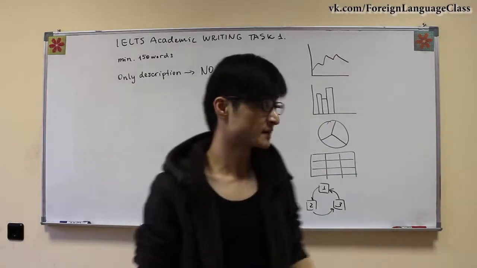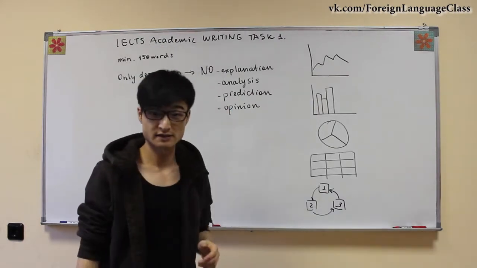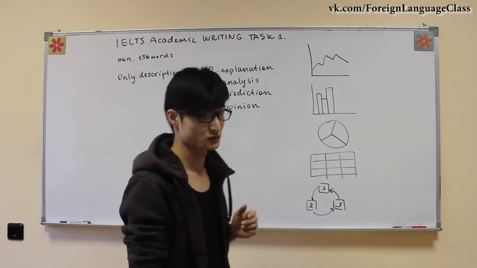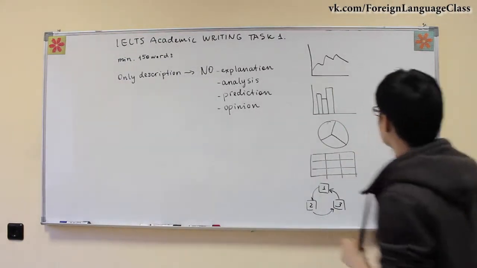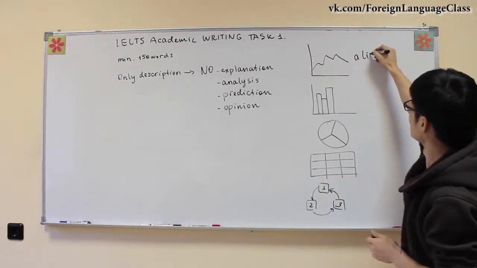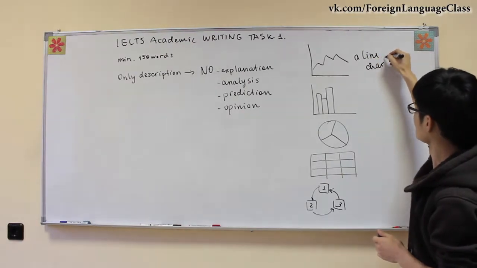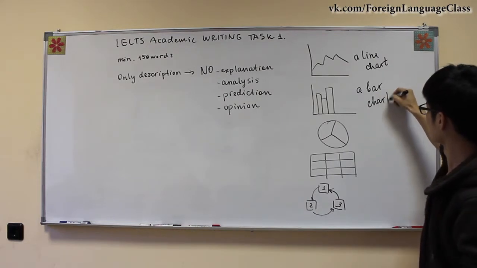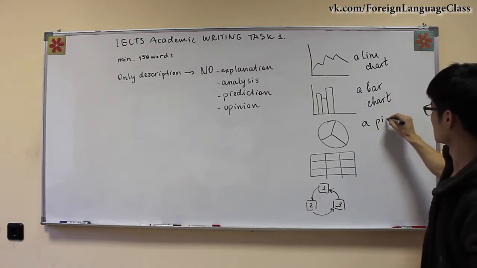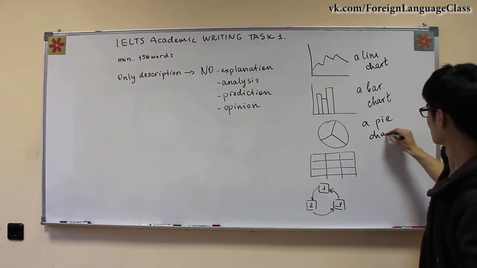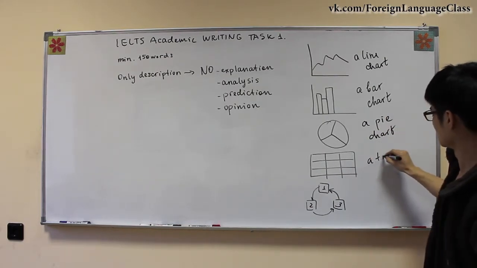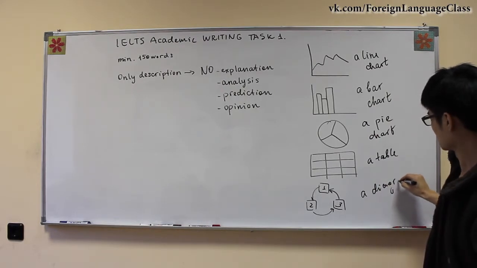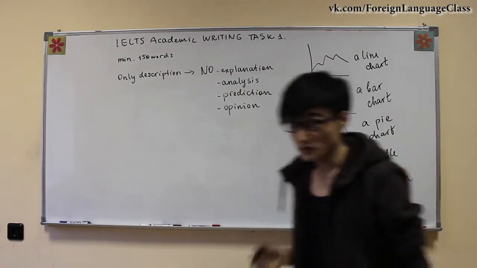Okay, let's start. So, in the academic writing Task 1, you'll be given graphic information. It may be a line chart, a bar chart, a pie chart, a table, or a diagram. Sometimes you may have two.